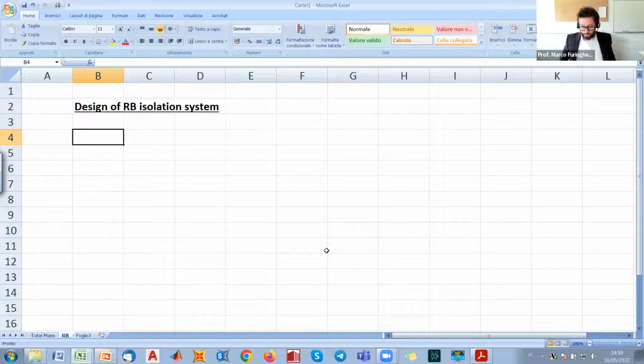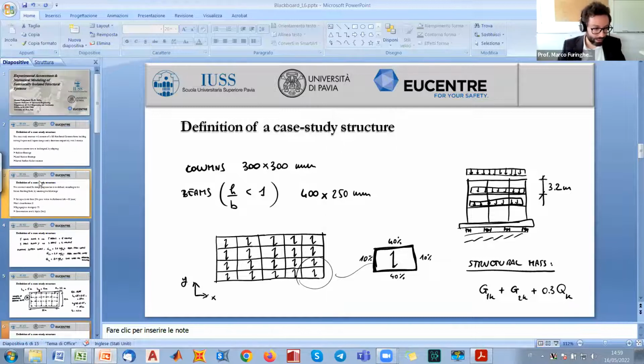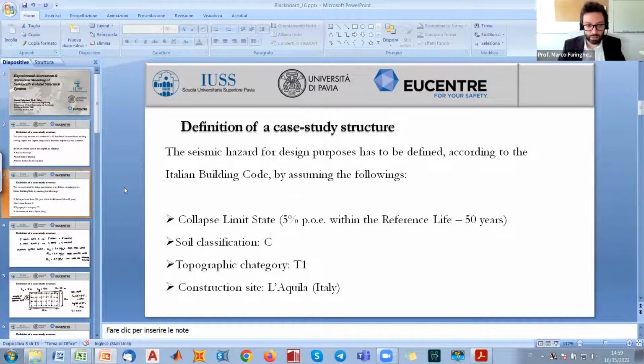For the definition of the seismic input, for this particular application, we have to consider, as I showed in the second slide of today, the collapse limit state for the Italian building code, soil classification C, topographic category T1, and the L'Aquila city in Italy for the construction site of the case study structure. So let's consider all these parameters.